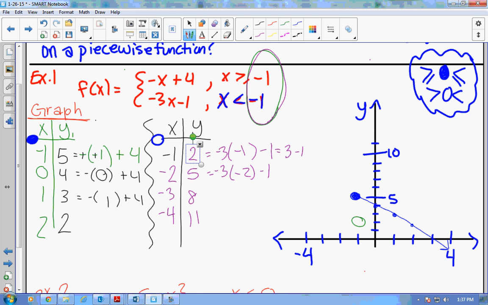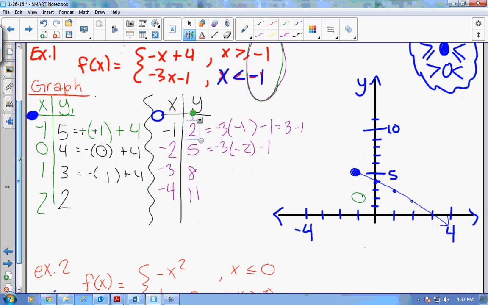You can't have two filled-in points right there, otherwise the vertical line test fails and it's no longer a function. And then negative 2 comma 5, negative 3 comma 8, and then up to 11. And then you can connect them and it should be a line. So there are two pieces. And the transition point is at that x equaling negative 1. That's a piecewise function when you have multiple pieces.